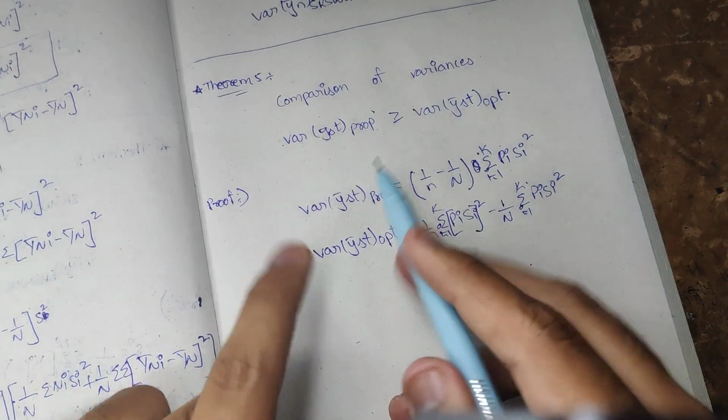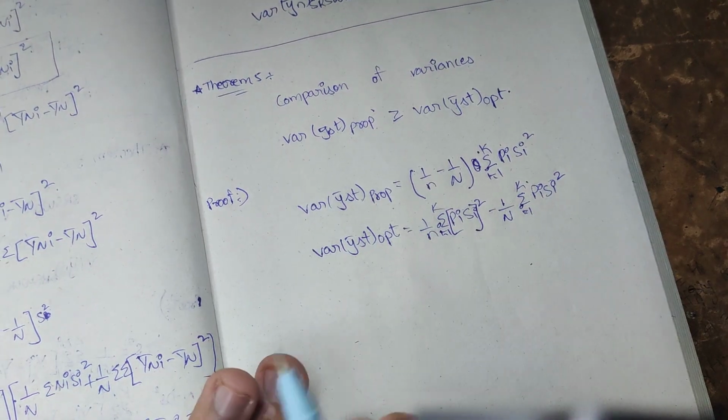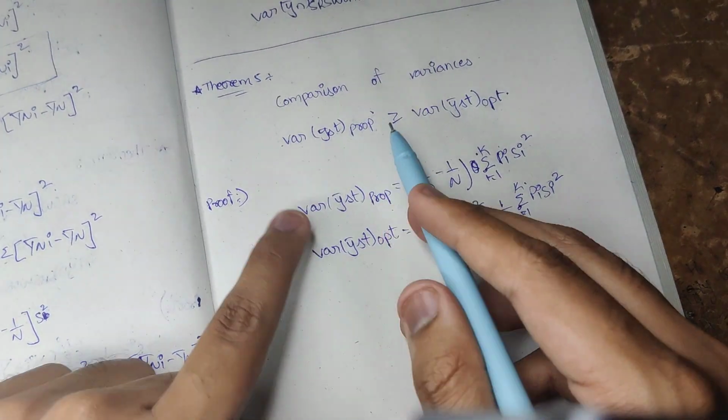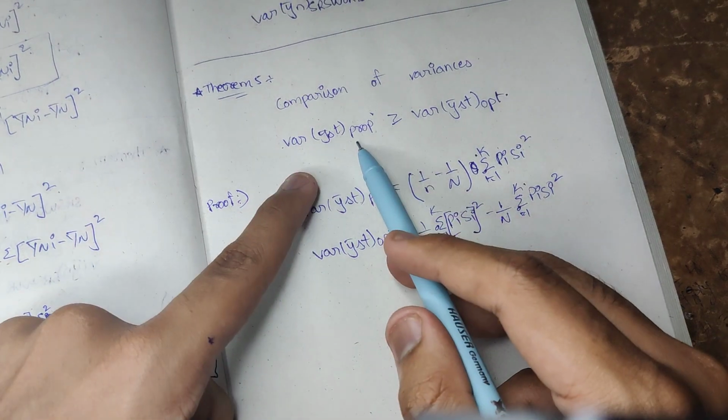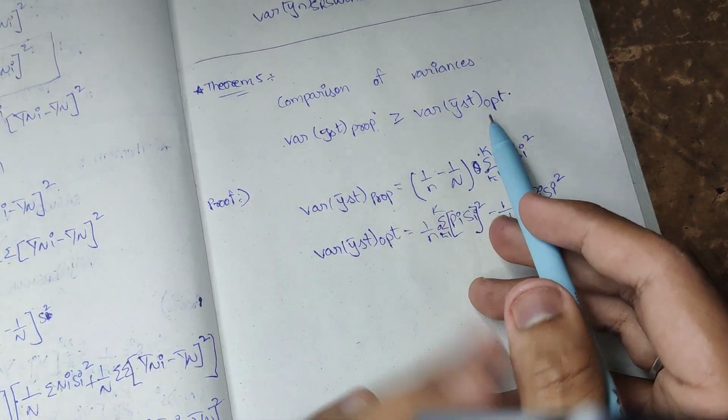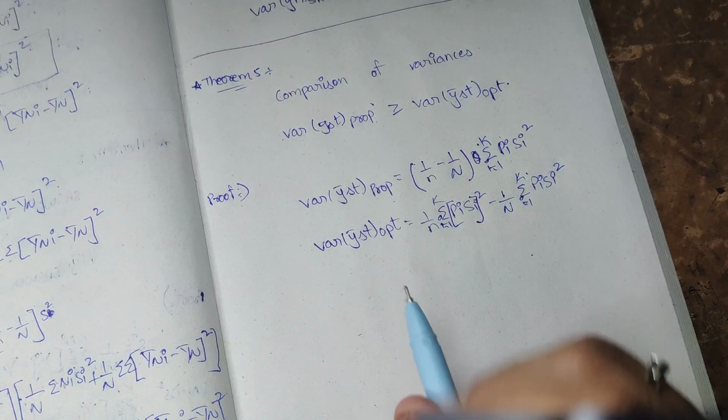Now all we have to do is find the difference between these two, and then we'll understand why proportional allocation is greater than optimal allocation.